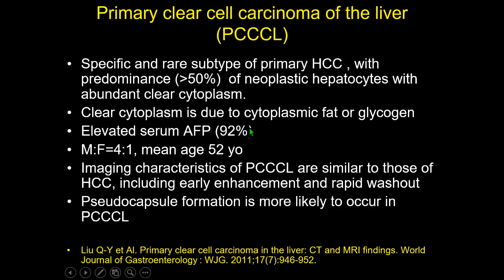In most of these patients we have an elevated alpha-fetoprotein, mostly male, mean age 52 years old, and the imaging findings are not very different from HCC, so we have a wash-in, we have a wash-out. In these patients, the pseudocapsule is more easily seen than in HCC.